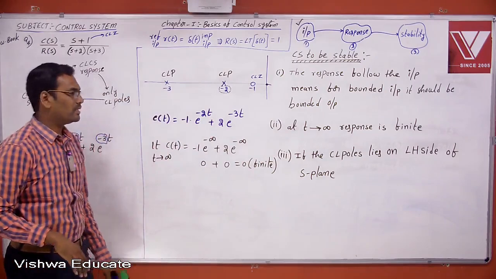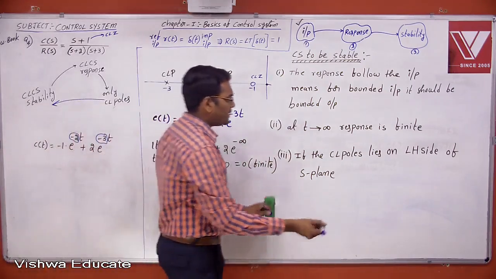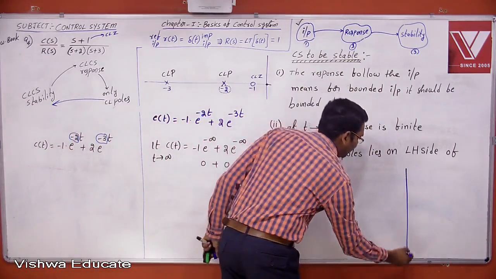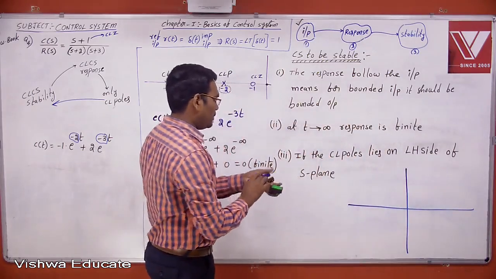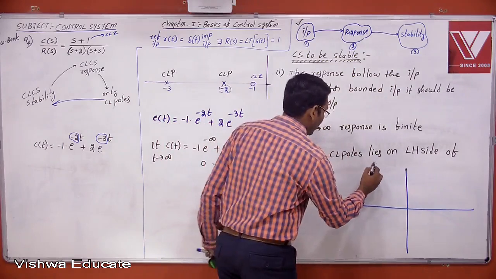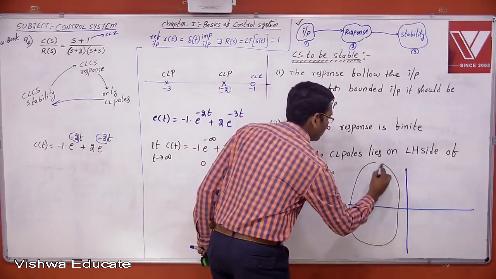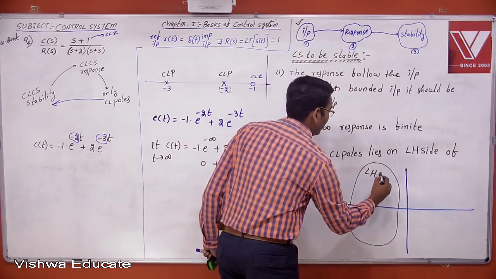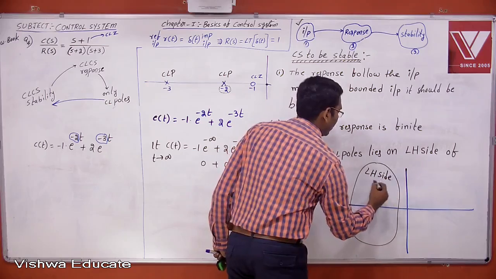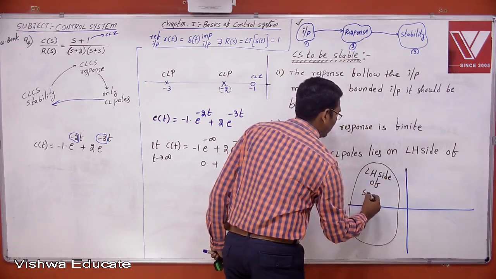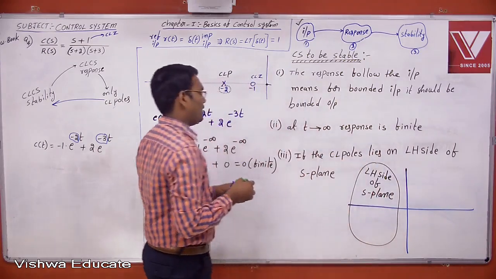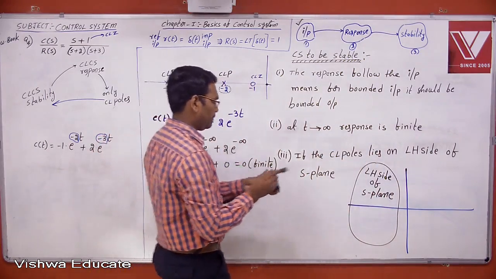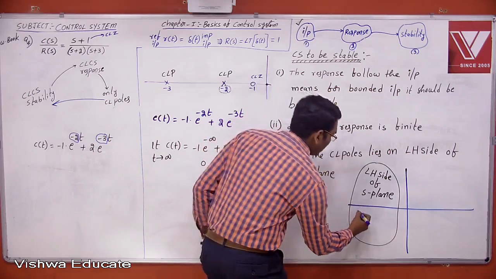Now see here, this is the S plane. Therefore, in the S plane, this is the left hand side of the S plane. If the pole lies only on the left hand side of the S plane, then this is the stable region.